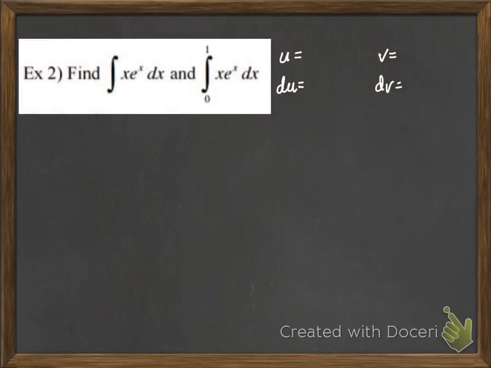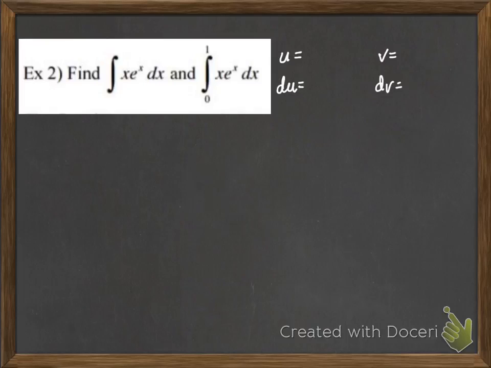All right, we're going to take another look at some sample problems for integration by parts. In this situation, we've got the integral of x e to the x dx, and we're going to integrate this between 0 and 1.